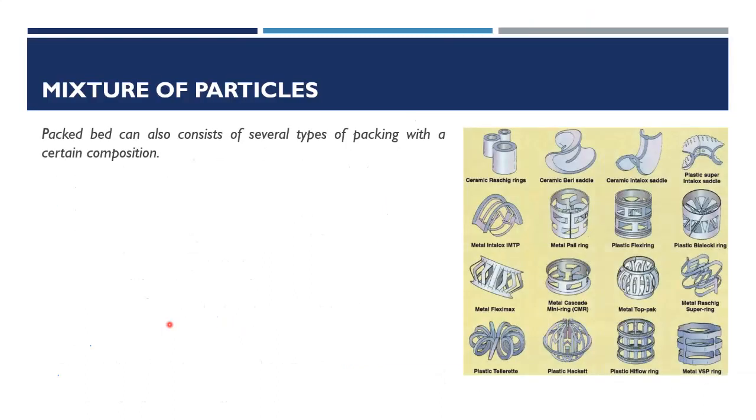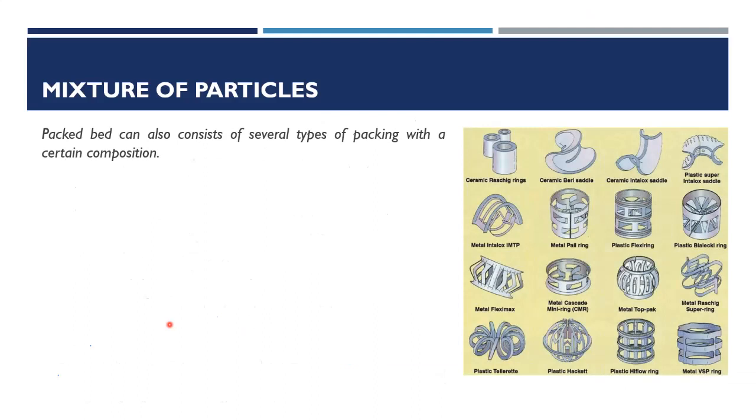However, in this subchapter, we will talk a little bit about what if we have a mixture of particles. A packed bed can use one type of packing. However, some packed beds also use several types of packing with a certain composition.